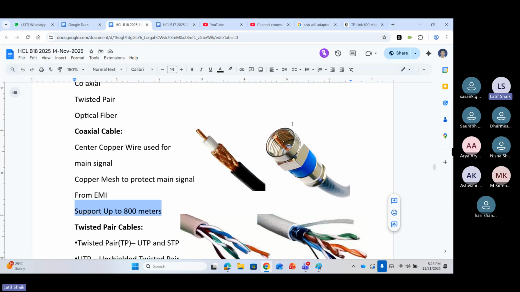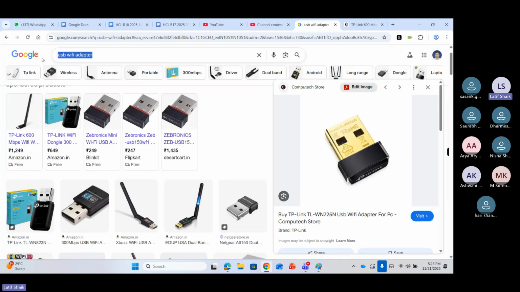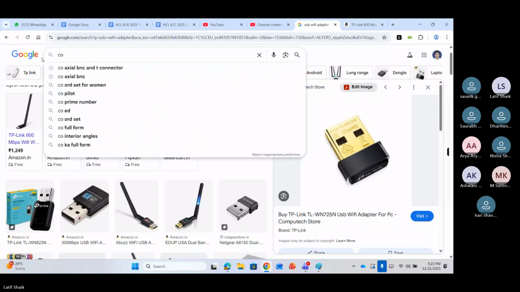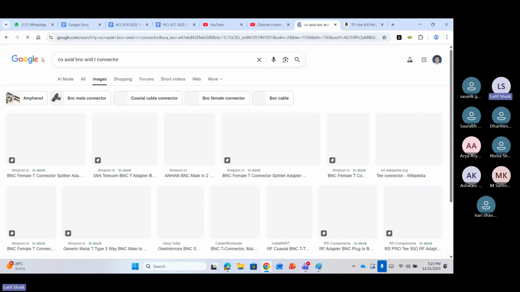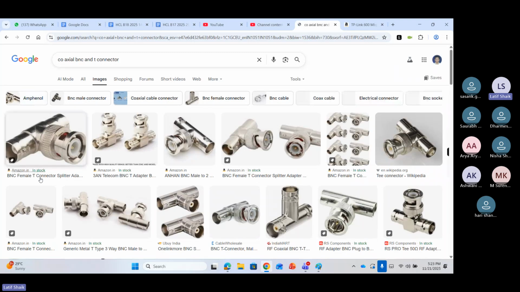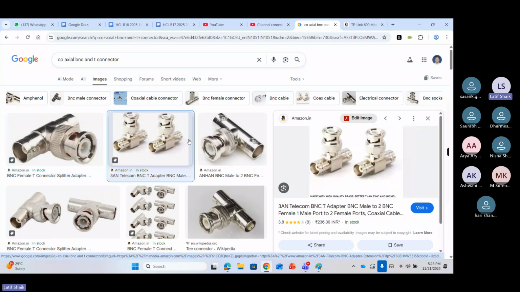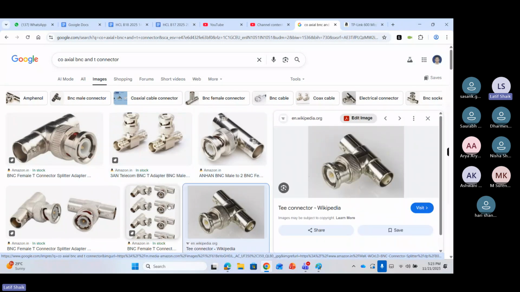This connector we call a BNC connector. These are the T connectors, and there are different types of T connectors also.